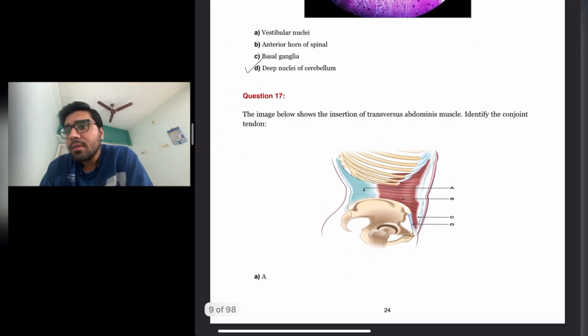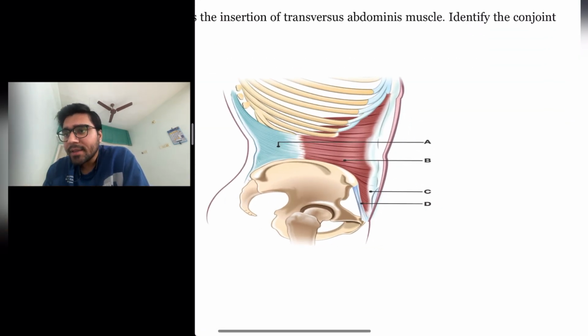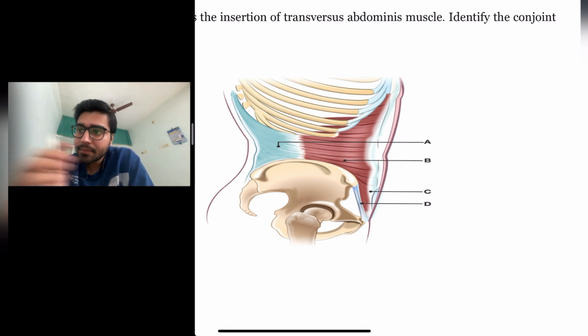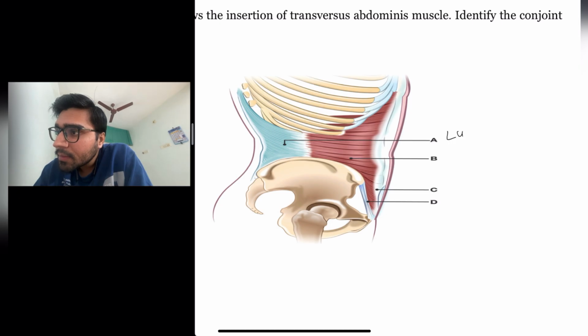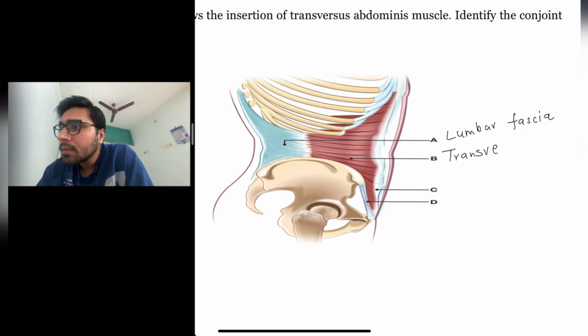The image below shows the insertion of the transversus abdominis muscle. Identify the conjoint tendon. So let us label all these four structures in this figure. A is lumbar fascia, B is transversus abdominis, which is a muscle.